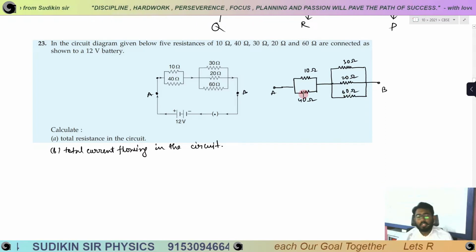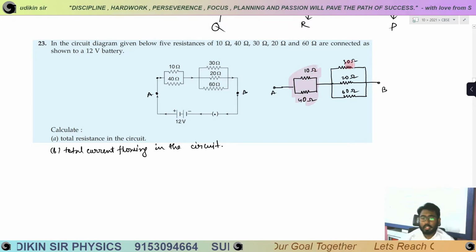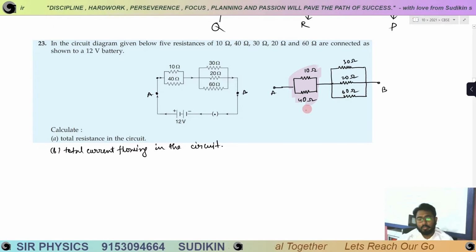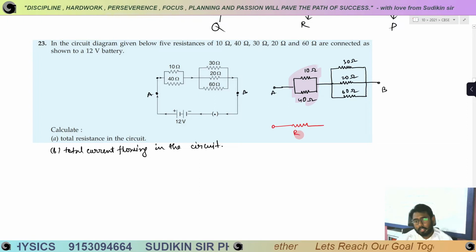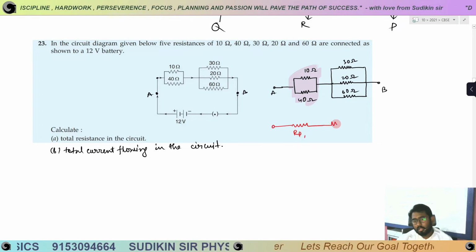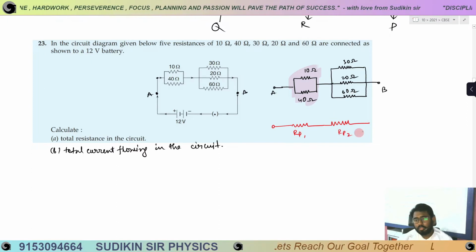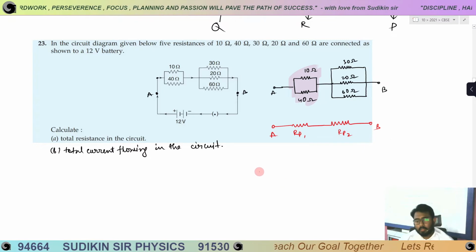Now, see, tell me whether it is in series or parallel. Parallel, and this one is also in parallel. So let us do one by one. If it is in parallel, can I write it as R parallel 1, and this is also in parallel, so that is R parallel 2. This is B, this one is A. Okay, first let us find the value of R parallel 1.